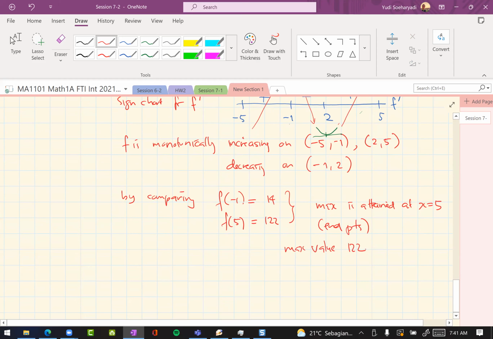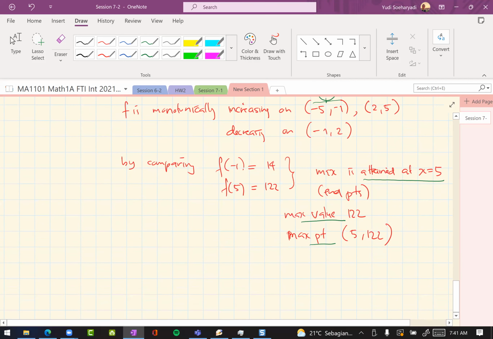The maximum point is there. Okay, so you see there are 3 attained here. This is the maximum value. This is the point.